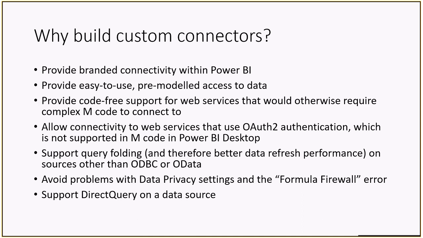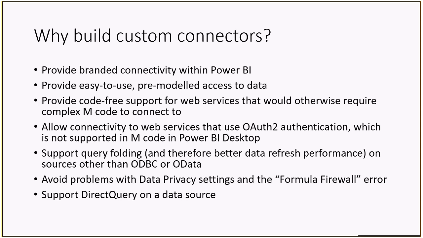And then the last thing that you'll find is that if you've ever played around with Advanced M, you may well have seen the infamous formula firewall error, which is a result of the data privacy checks that Power BI does. These are data privacy checks that stop data being sent from one data source to another. They are necessary. Microsoft does not want you to lose your job from playing around in Power BI, but they can be very, very difficult to understand, and when you get these errors, they can be very difficult to get away from.